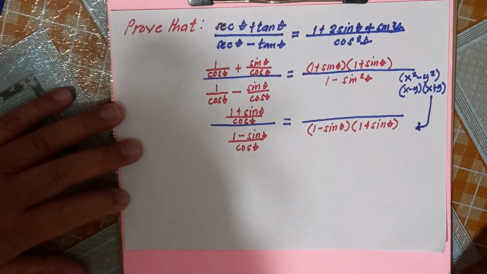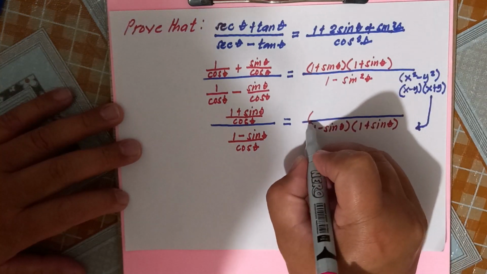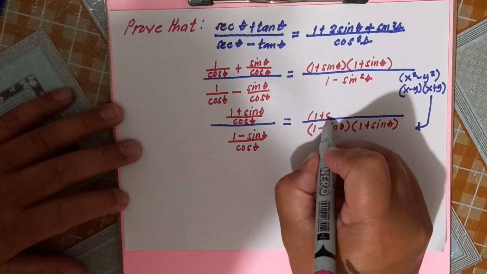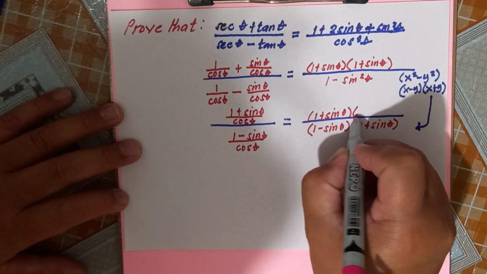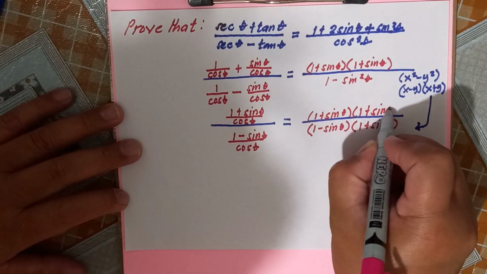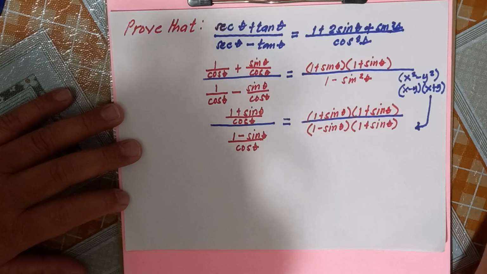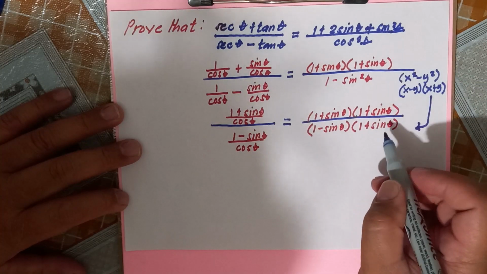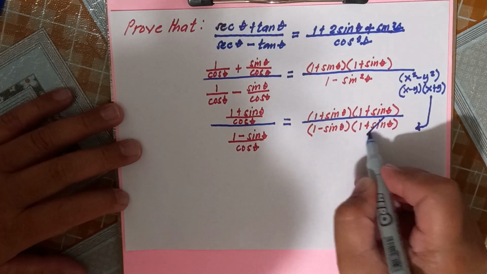Now, notice that for our numerator, we copy 1 minus sine theta, then 1 plus sine theta. So if you try to evaluate, we can cancel out some expressions.